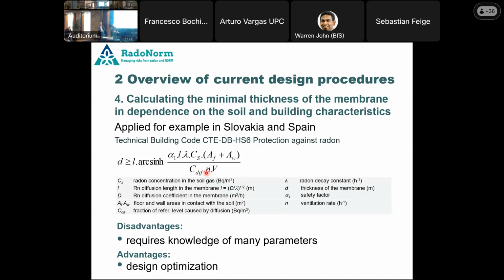The problem is that it's a complicated calculation. It requires the knowledge of many parameters. But on the other hand, it enables an optimization of the design of the membrane.